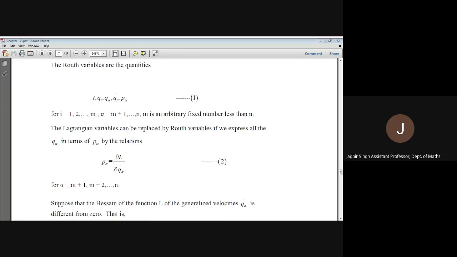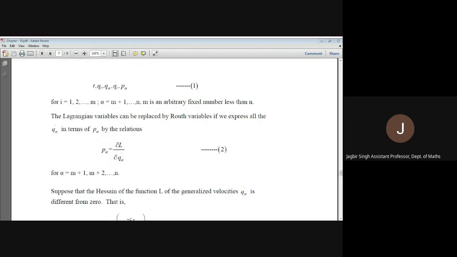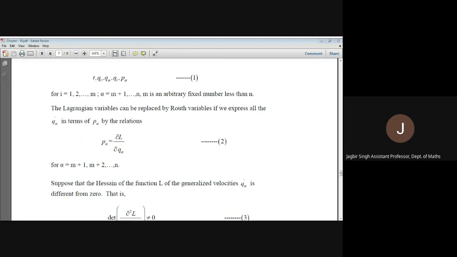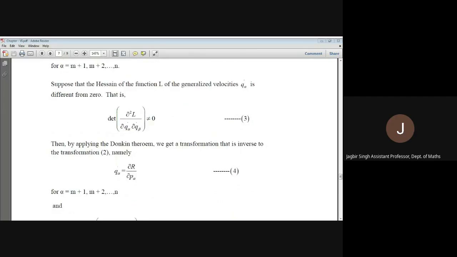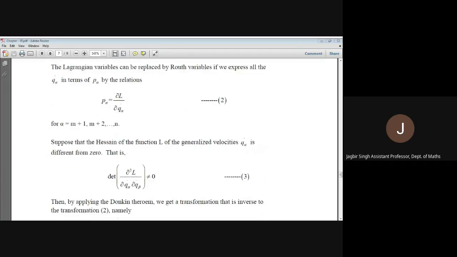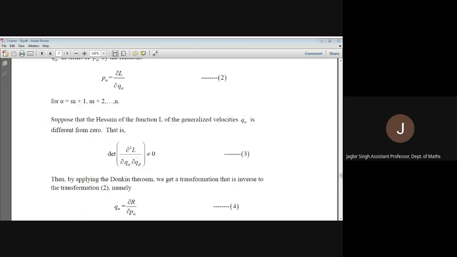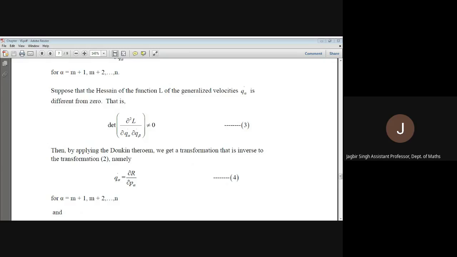Now, according to the definition, p alpha will be curly L by curly q alpha dot. If the Hessian of L is different from 0, there will exist a new function, say R, which we will define very soon, and q alpha dot will be curly R by curly p alpha.